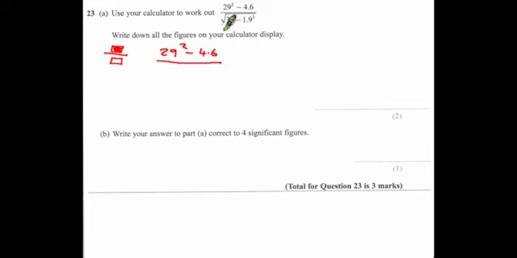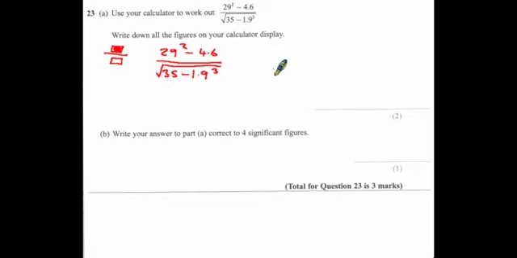Now you'll notice that everything under the line here comes under the square root symbol. It's the square root of everything. So the first thing you're going to do is press the square root button and then type in everything that is under the line there, the 35 minus 1.9 cubed.